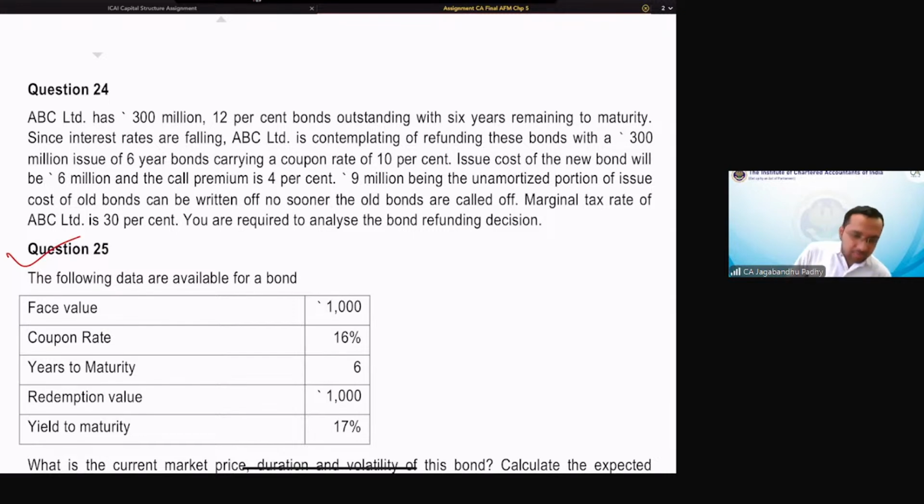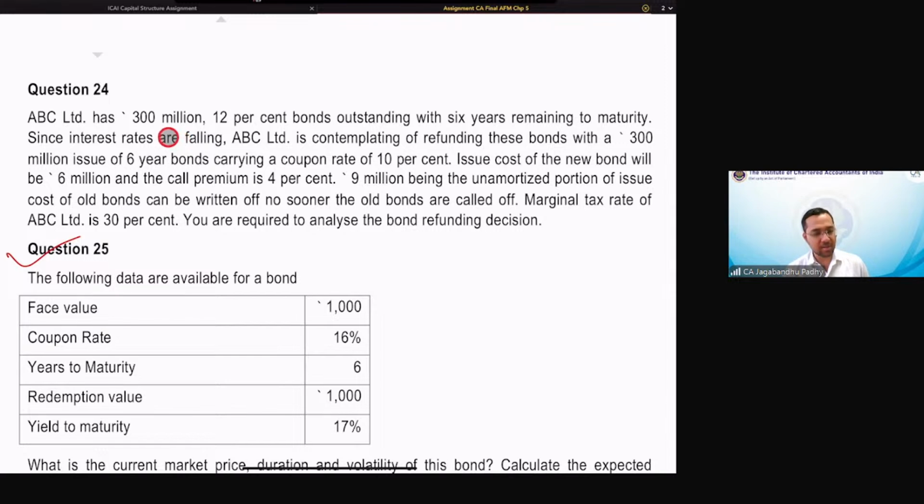Okay, so ABC Limited has 300 million rupees, 12% bonds outstanding with 6 years remaining to maturity. Since interest rates are falling, ABC Limited is contemplating refunding these bonds with a 300 million issue of 6 years bond carrying a coupon of 10%.